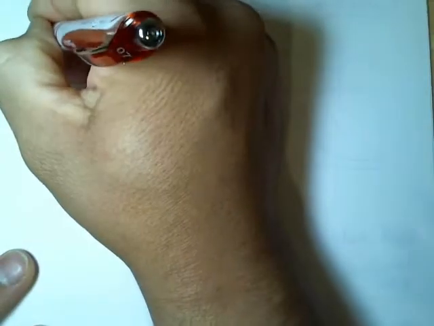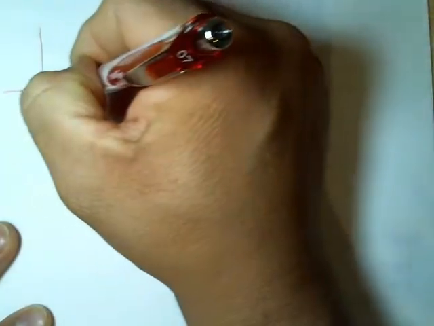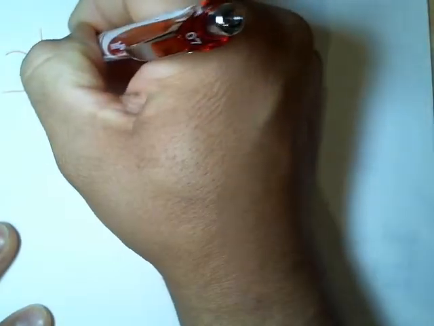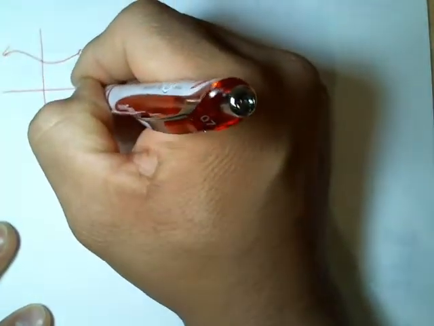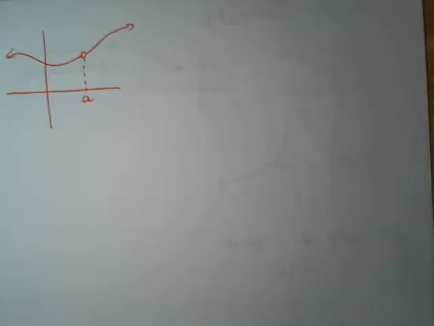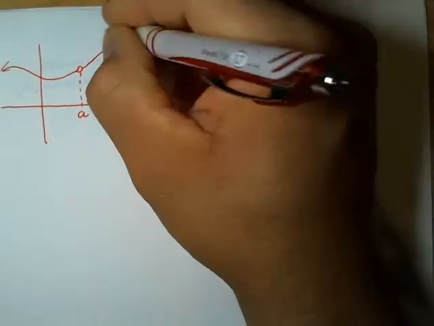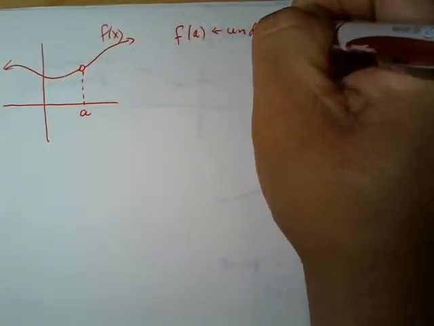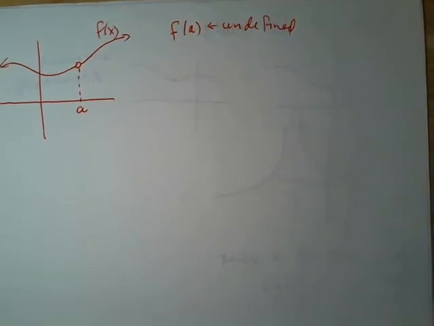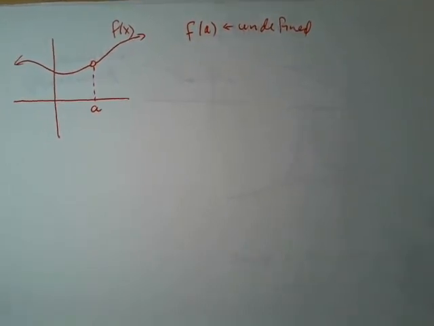We can see why that must be the case with some examples of graphs that satisfy maybe one or two of them. Let's say you have a graph with a hole in it, and this is a. In this case, f of a is undefined, so it fails the first item in the continuity checklist and is discontinuous there.